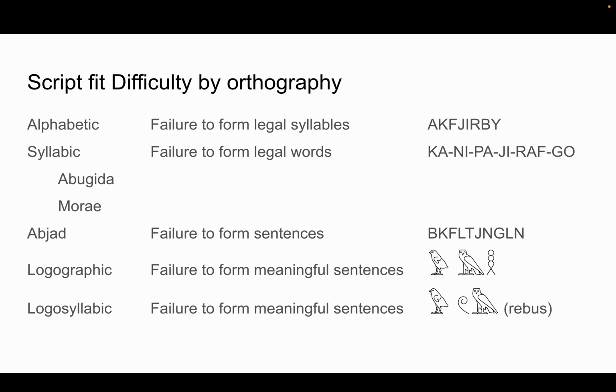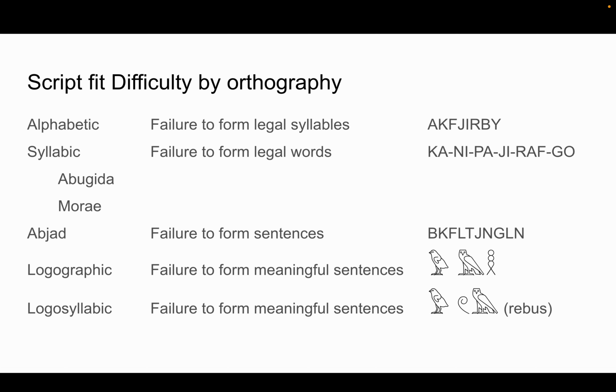Logosyllabic is a variant where you can choose to just take the sound of that symbol, mix them together, and even use what's called a rebus. A rebus is when you don't have a word for an abstract concept, but you merge 2 or 3 such symbols and use their sounds to express it.